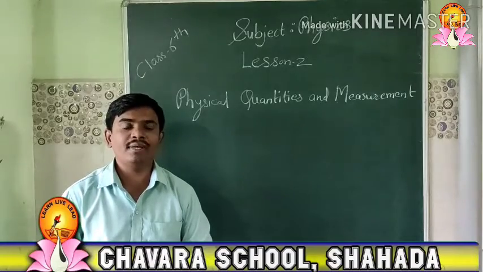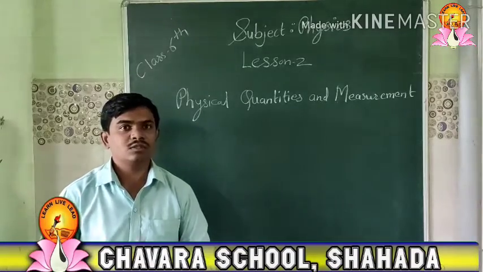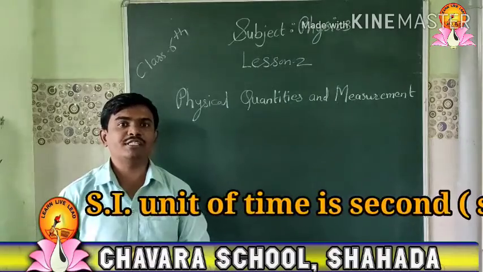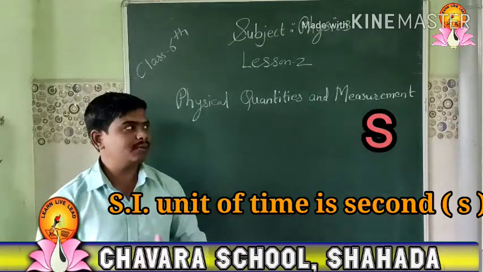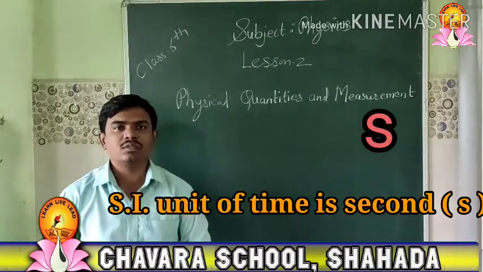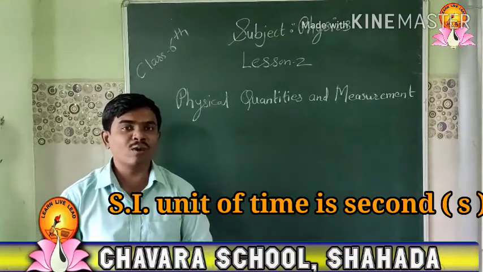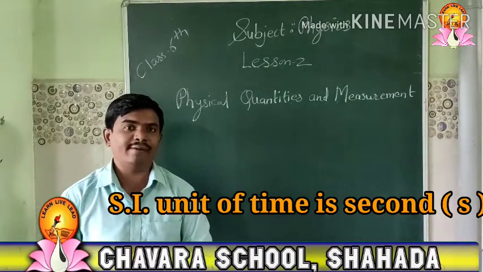So this is called mean solar days. Students, the SI unit of time is second and it is represented by the symbol. Second is the smaller unit to measure the time.